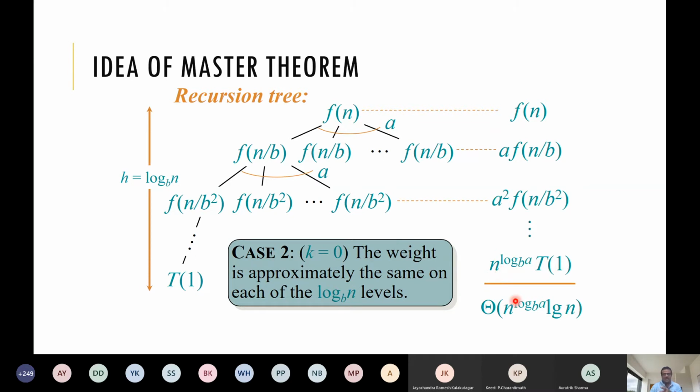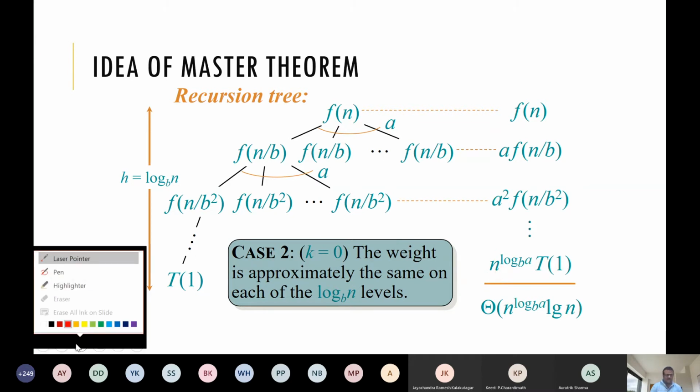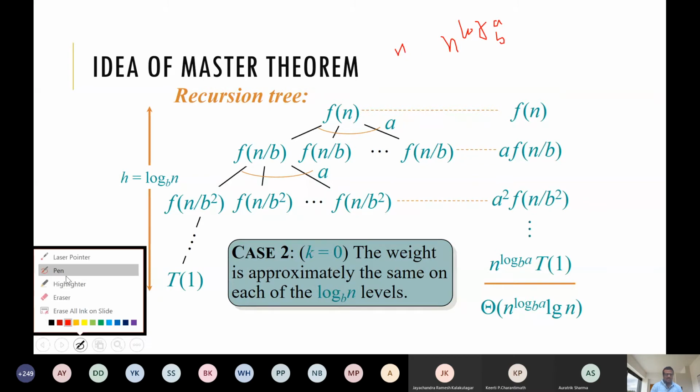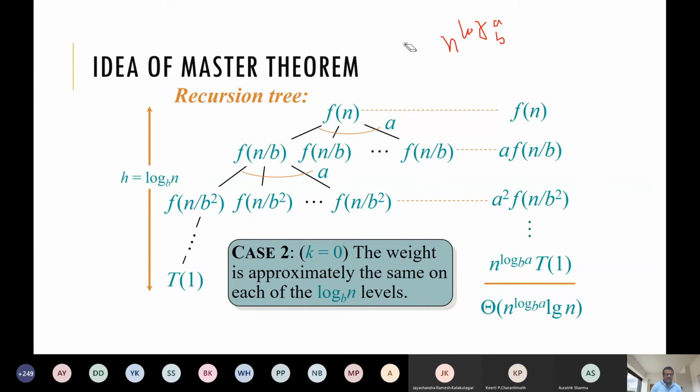So just a minute, let me write it. It will be basically n to the power log a base b into the height. Height is log n base b. But we can convert it into base 2.